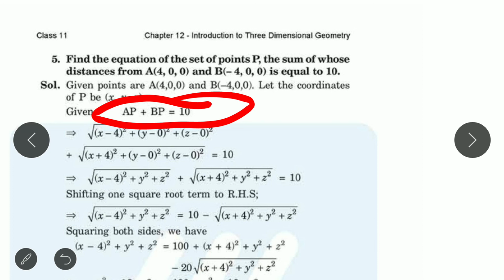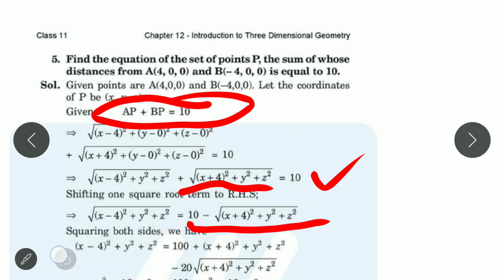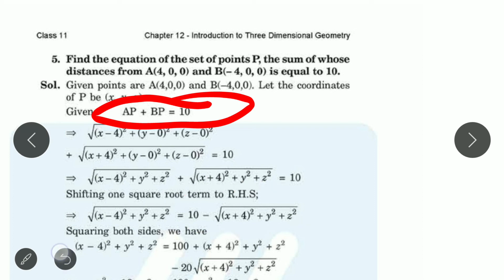After using the distance formula, you can see this is the step. Shift one term. Let us shift this term to the right hand side. See, it has been shifted to the right hand side. Then you go for squaring both sides.